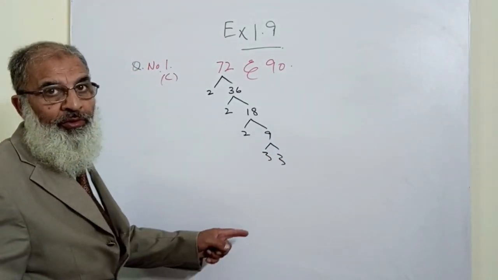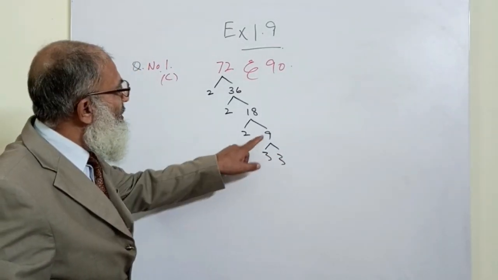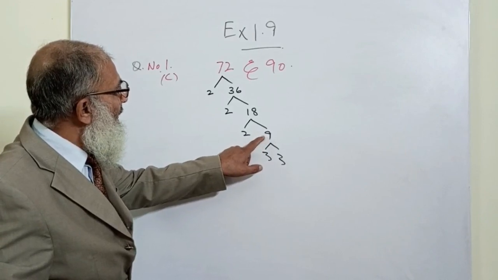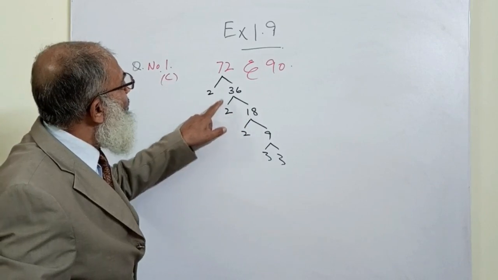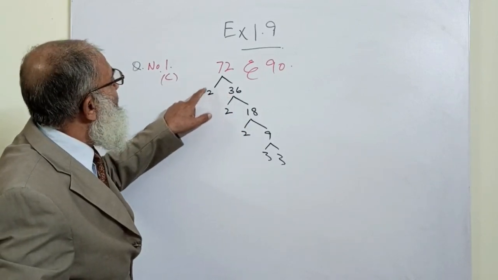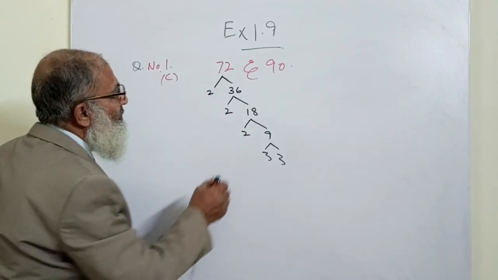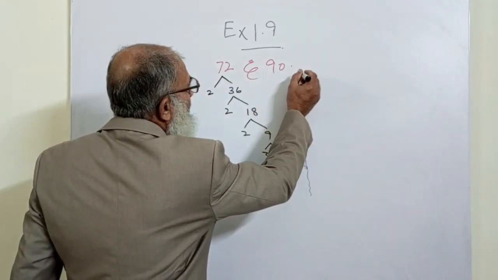So what I told you is to check it. 3 times 3 is 9, 9 times 2 is 18, 18 times 2 is 36, and 36 times 2 is 72. Okay.